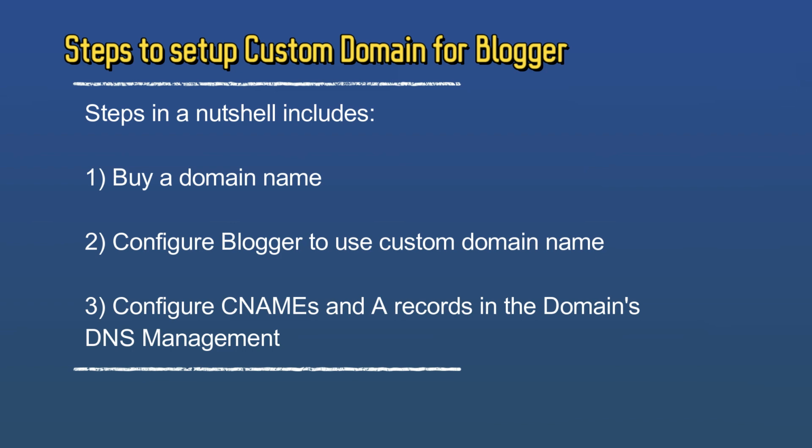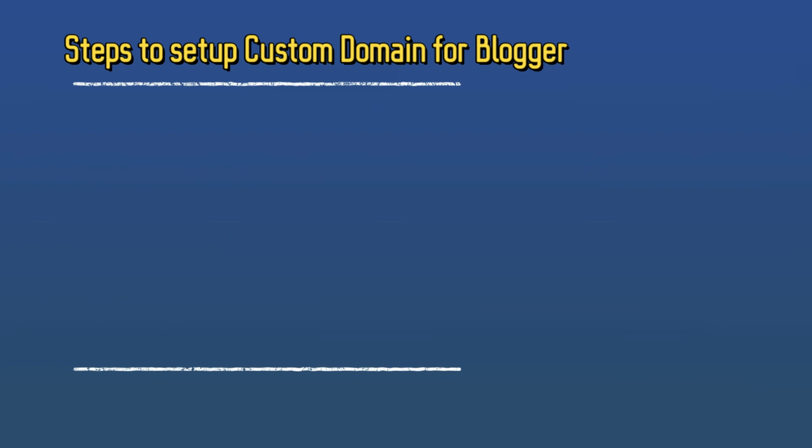So you need to go back to your domain controller or control panel where you can add those CNAME and A records. After that you can come back to Blogger and enable some settings like HTTP redirection, HTTPS availability, and stuff like that. So once you have done with that, your Blogger site is ready with your custom domain.